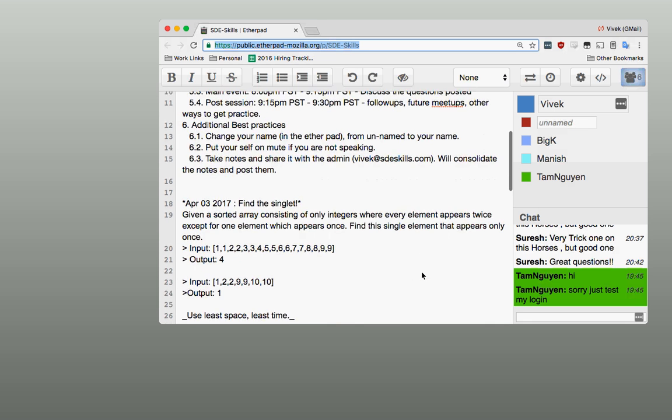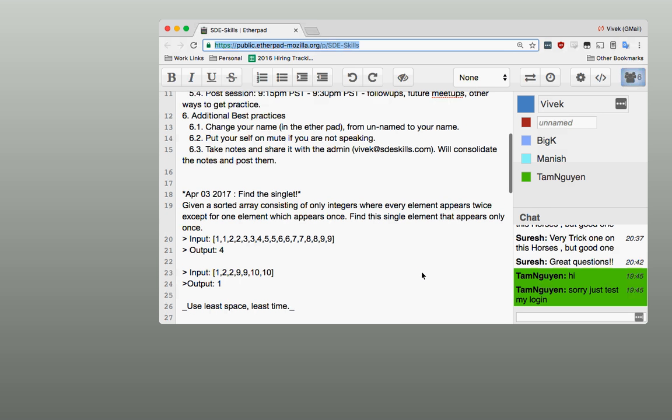All right. So the very first question that we had was a very simple one, which is find the singlet. You're given a sorted array which contains only integers, and every element appears in pairs, except for one element which only appears once. Find that single element.